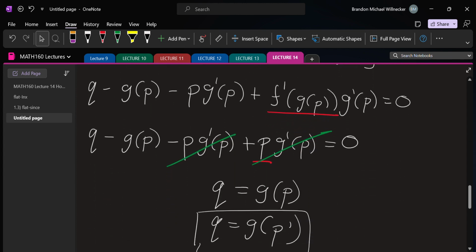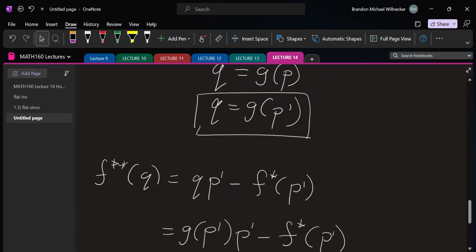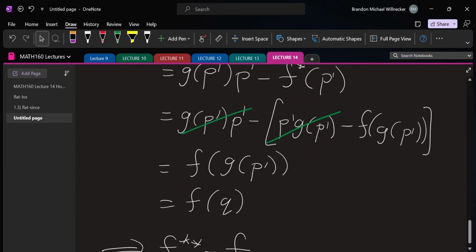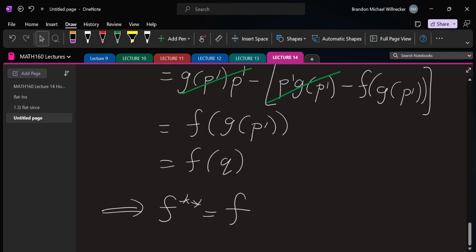We took the derivative and we solve for p. And we call that p prime. What do we do with p prime? We substitute it. So f star star, we substitute p prime. And then the rest is just simplifying. We cancel, and we get f. That's it. You just do the process twice.